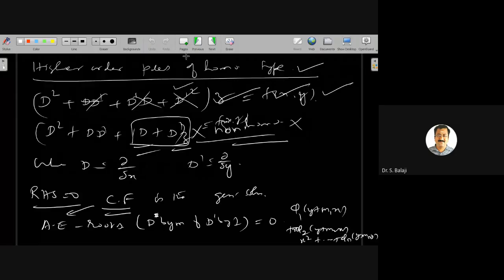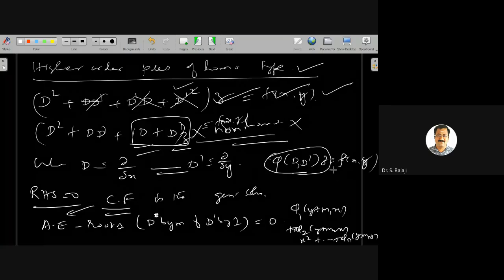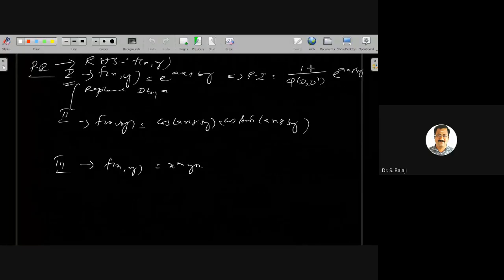Because your given equation can be written as a function of D, D' acting on z equal to f(x, y), z can be written as 1 by function of D comma D' acting on f(x, y). This is the particular integral: 1 by function of D, D' times e to the power ax plus by, so replace D by a and D' by b, the coefficients.